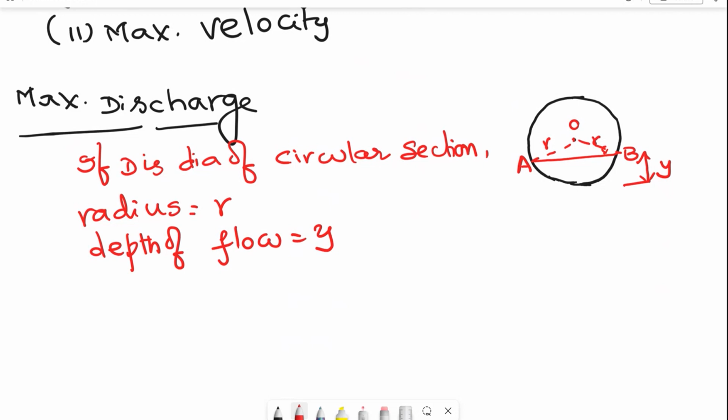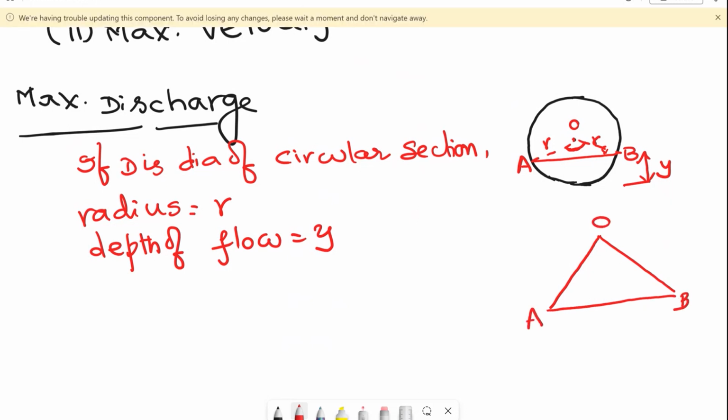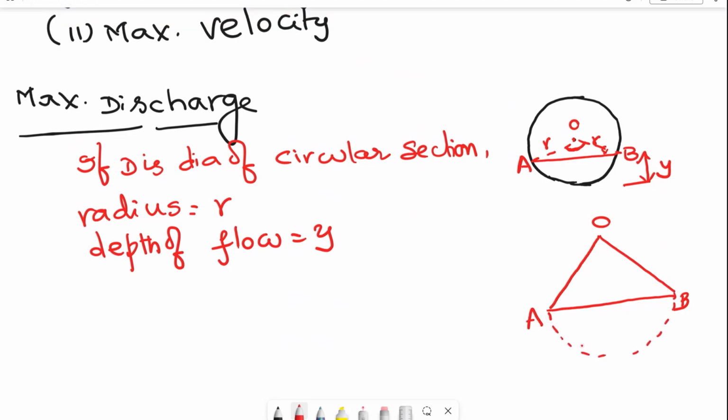Then next, the angle subtended here at the center. Once again, I am showing it in a bigger figure. So this is O, this is A, B, and the other one is like this. This is the circle, right?